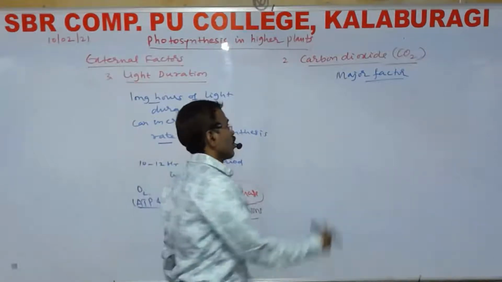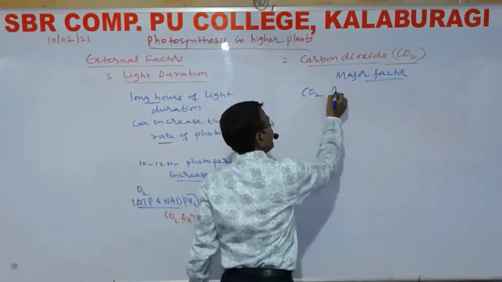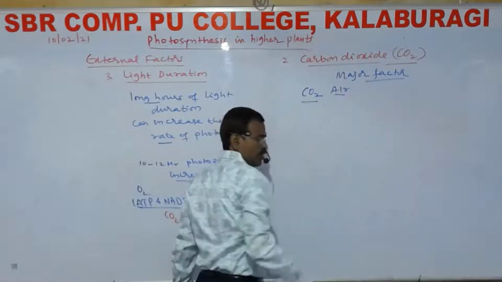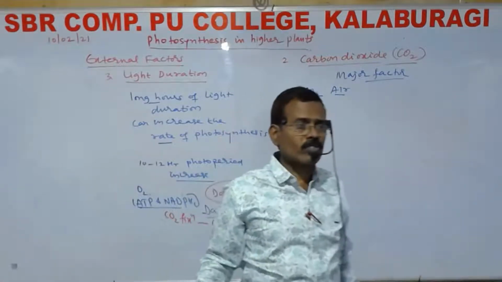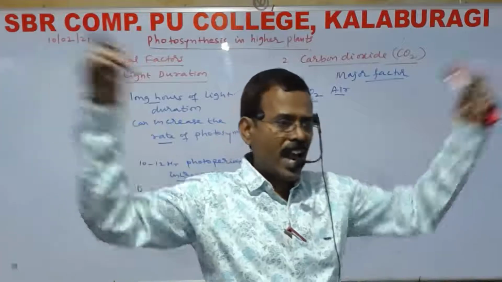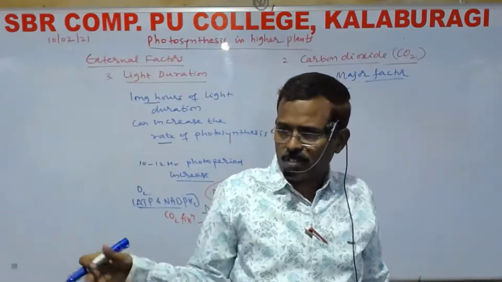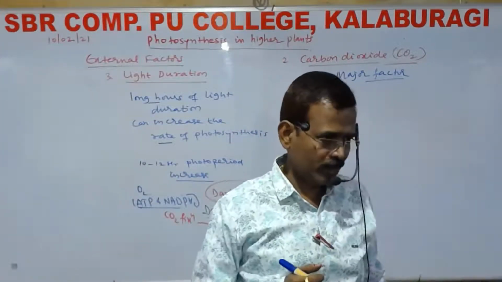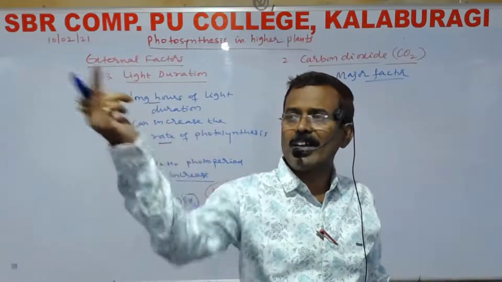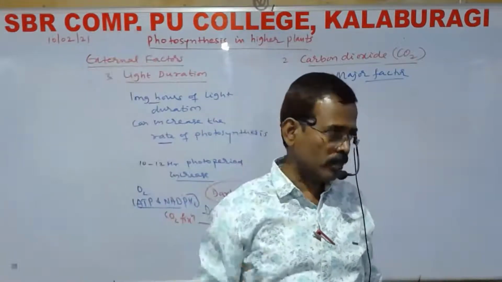Basically the carbon dioxide is there in the air. This is the external source of carbon dioxide used by plants. This external source is important, determined by the availability of carbon dioxide in the air.